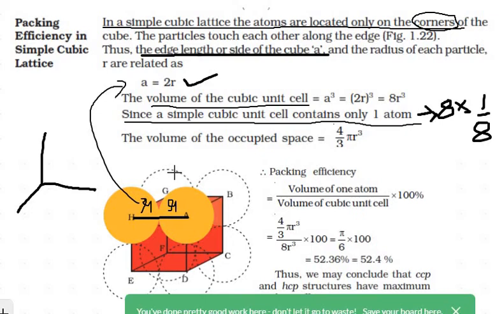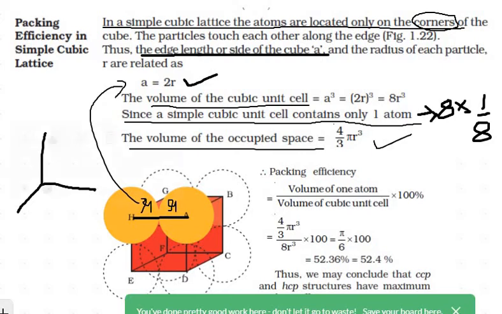Now the volume of a sphere, you have learned in lower standard, is 4 by 3 pi r cube. Why have I taken 4 by 3 pi r cube? Because in earlier videos you have learned that this simple cubic unit cell contains only one atom, and the volume of one atom as a hard sphere is 4 by 3 pi r cube.